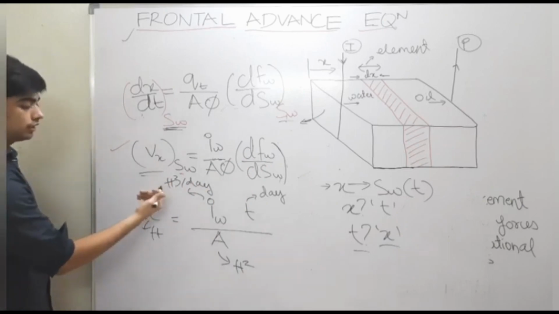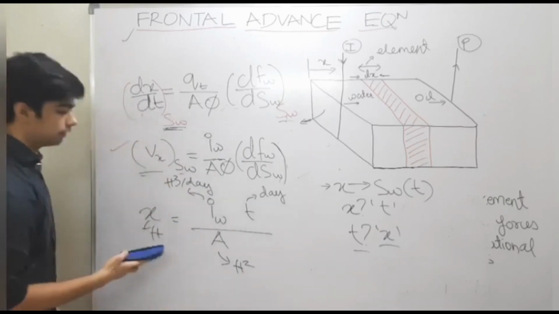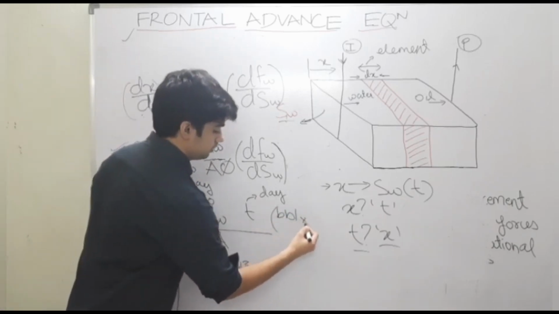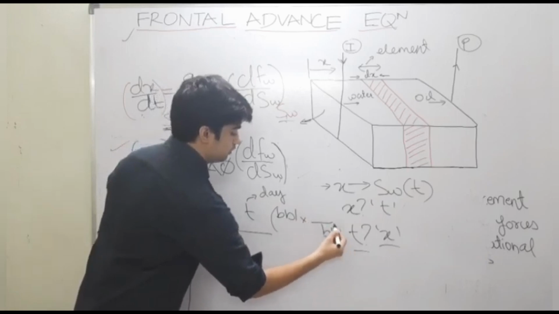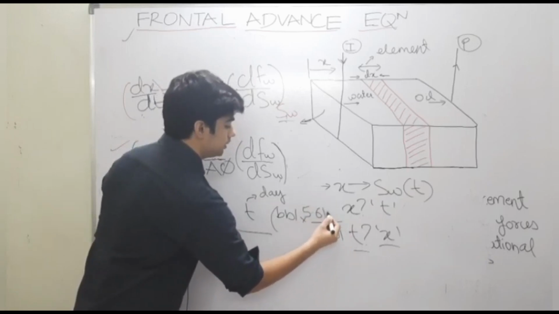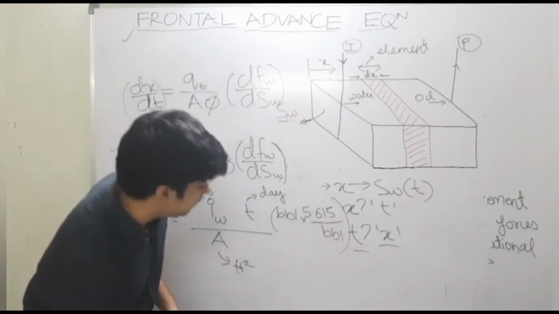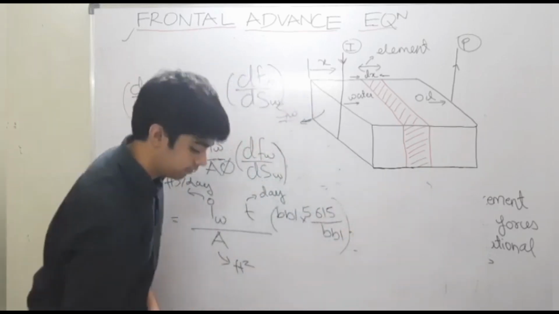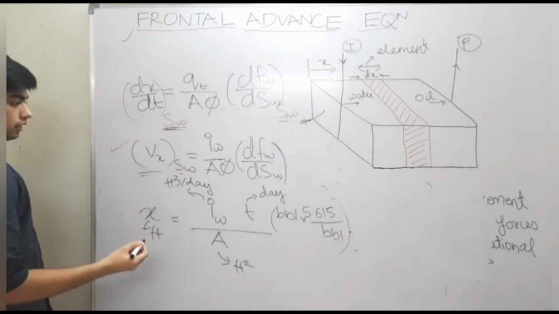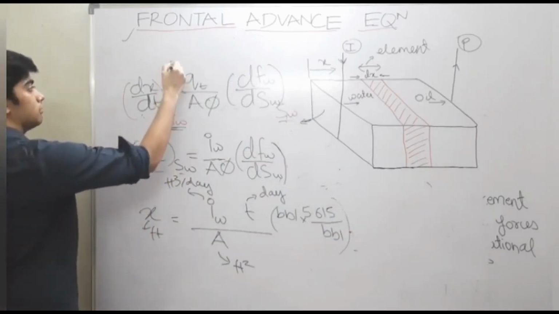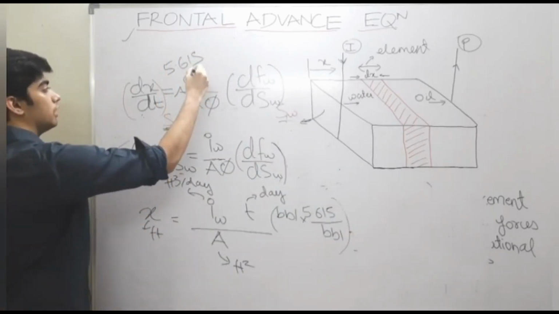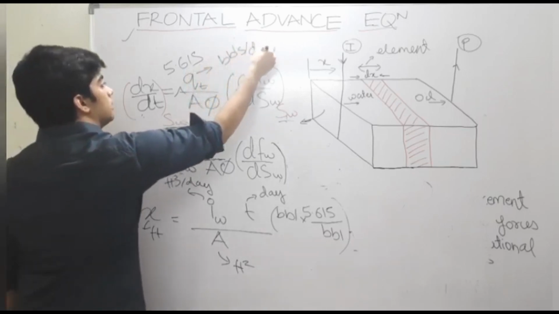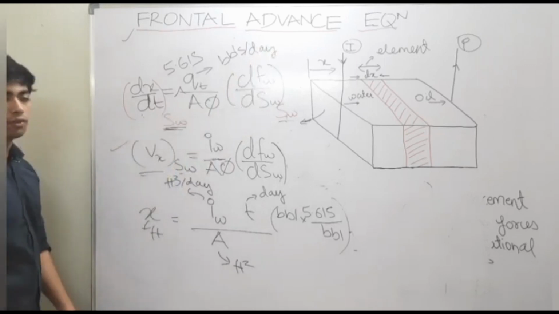Now if you try to convert it to BBLs per day, you can simply make a minor change by multiplying it with 5.615. So by multiplying this by 5.615, and your Q will be in BBLs per day, you are basically getting the field unit form.